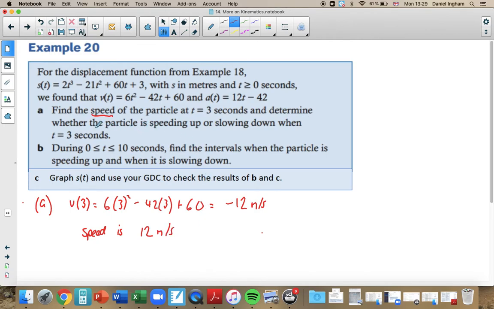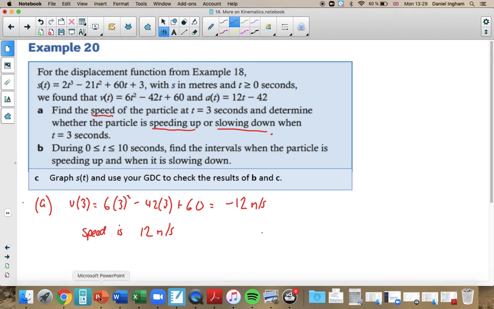And that's the same reason why whether it's speeding up or slowing down is a little bit more tricky. It's not the same as asking whether the acceleration is positive or negative. We need to consider the direction of travel as well.